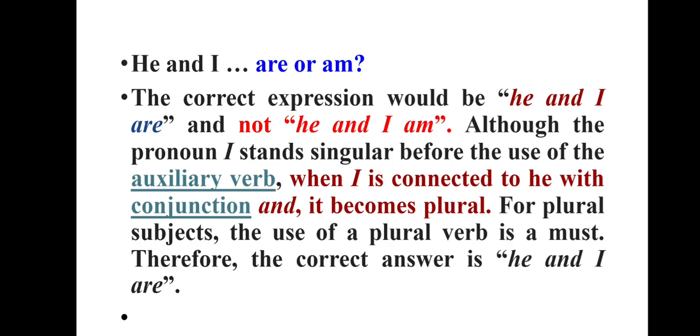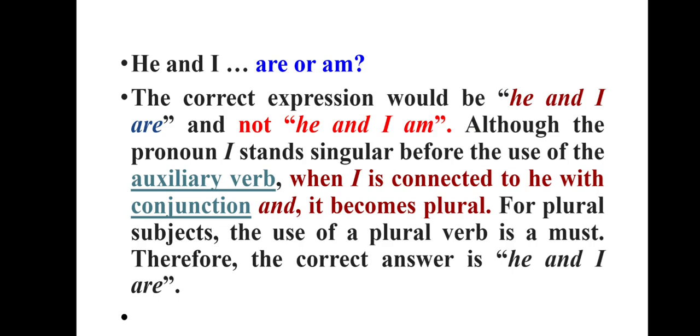Although the pronoun I stands singular, I is a special case. I is followed by have, though it's singular, we don't say I has, we say I have. I am, am is used exclusively for I. But when I is connected to he with a conjunction, it becomes plural.